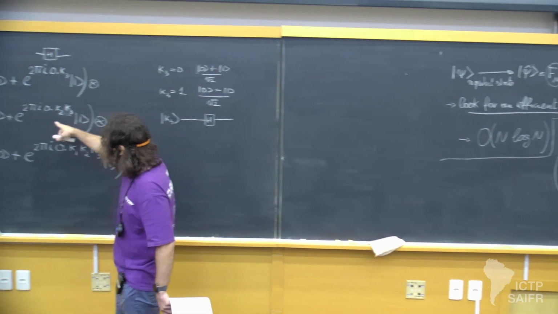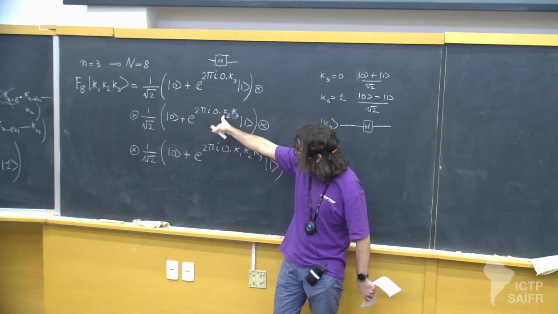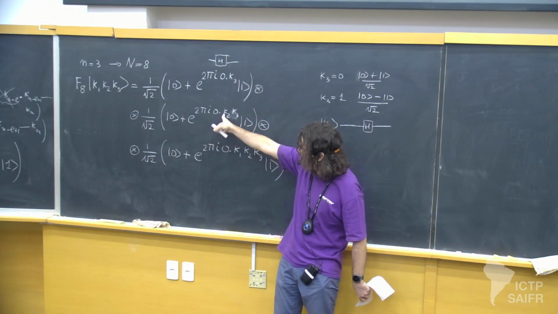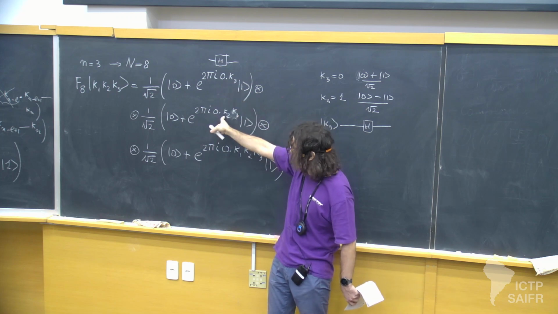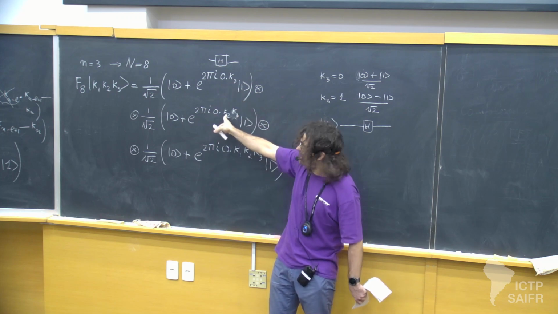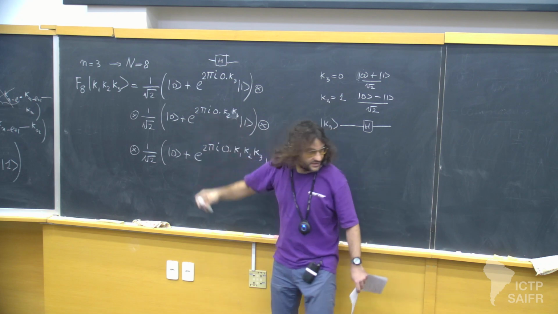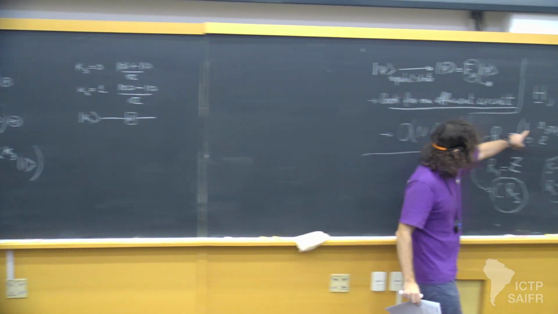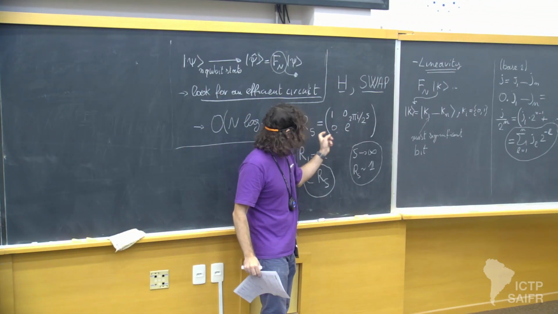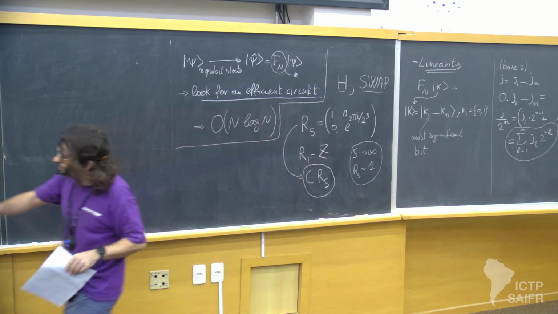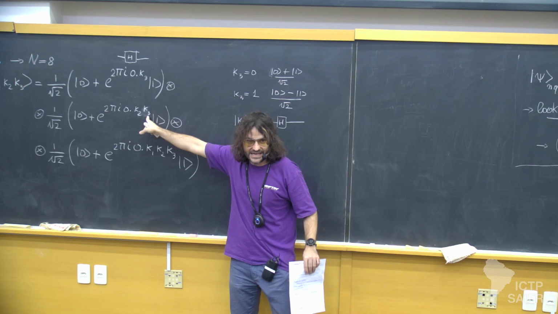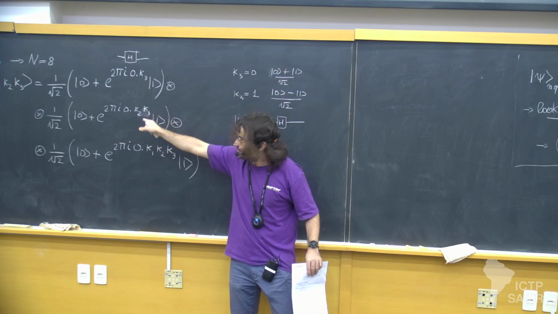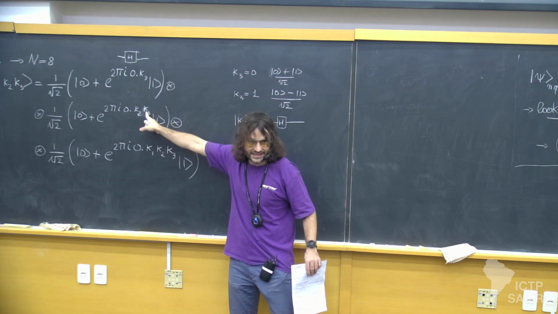Well, K2 will have, at this level, for the first digit, exactly the same behavior as this. So we have to put a Hadamard here. And then we have to put some RS with S equal to 2, because this is going to act here. So we need an R2. But this R2 must be applied depending on K3.